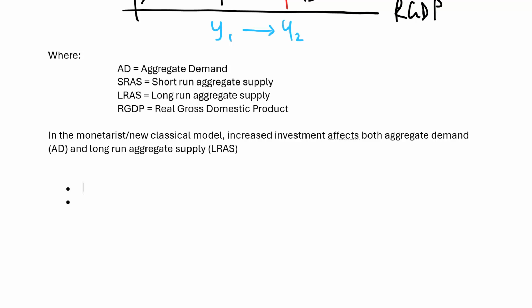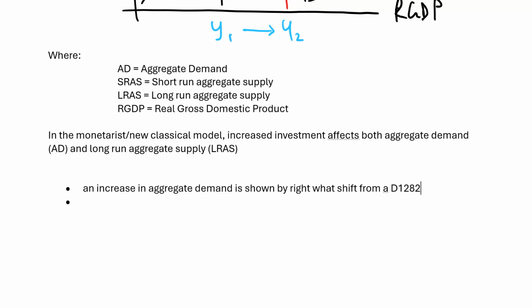An increase in aggregate demand is shown by a rightward shift from AD1 to AD2, leading to higher output in the short run, but higher inflationary pressure.